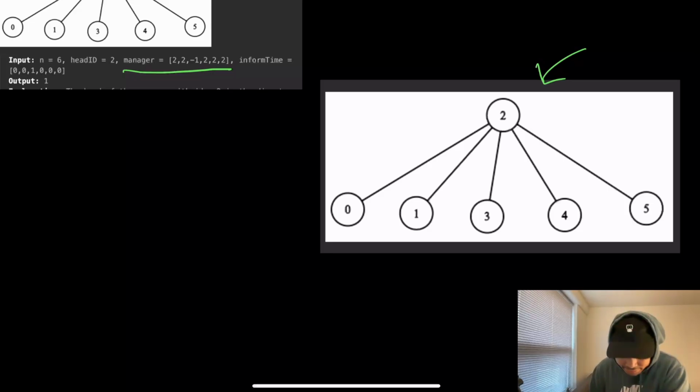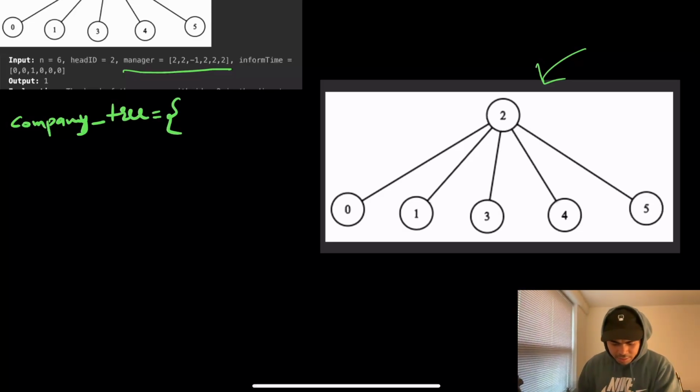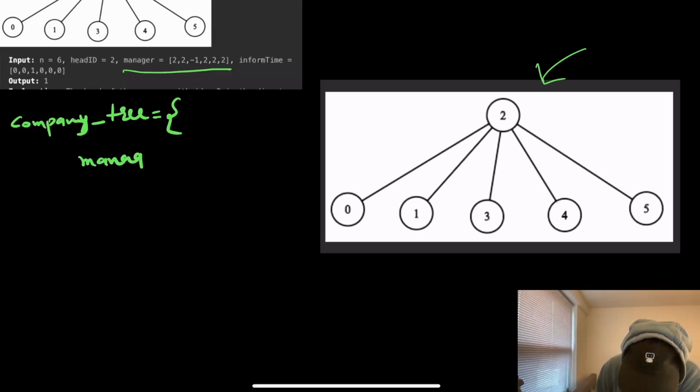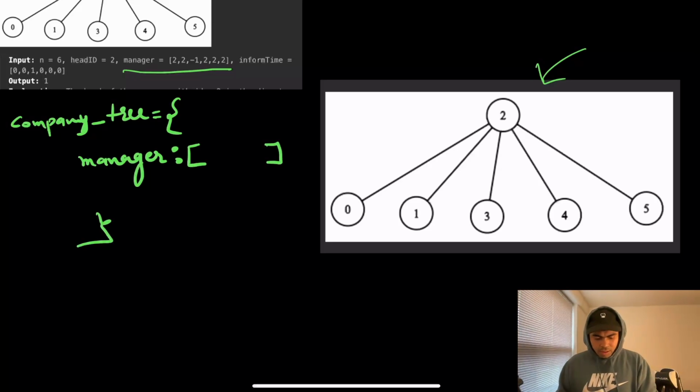And how we're going to create it is we're going to create a dictionary and call it company tree. This will be a dictionary adjacency list that's going to hold the manager index, and all the employees that are working for them. So this is our dictionary that we're going to have.